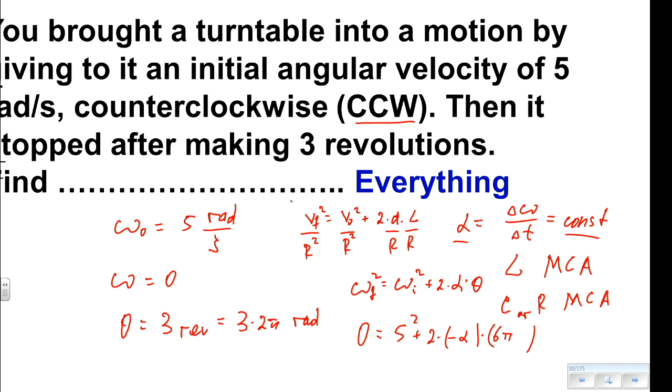Alpha from this equation, this is the magnitude of the angular acceleration, is equal to 5 squared divided by 12 pi, wherever it is. Please tell me.